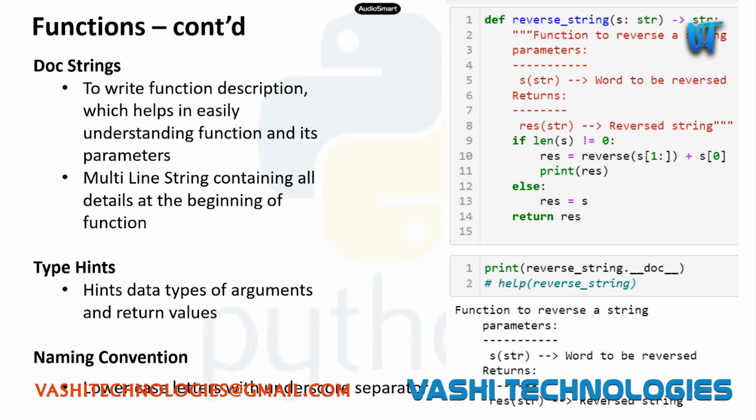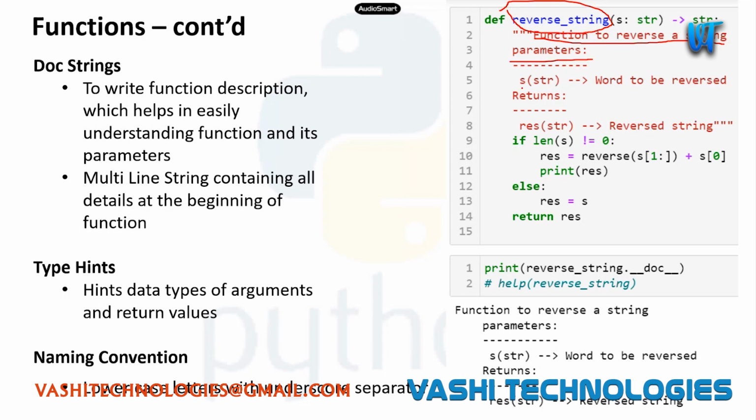Let's say we have this reverse string. Since we have this clear naming convention, we can understand this. But if there is someone who doesn't know what string reversal is, they can't understand this, right? So I am writing the description here: function to reverse a string. And I'm also defining parameters.